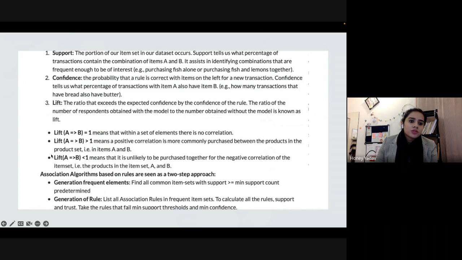As I told you, we are only interested in a lift value greater than 1, which means a positive correlation: the products in the item set, items A and B, are more commonly purchased together. If it is less than 1, it is unlikely to be purchased together, a negative correlation of the item set A and B, so we are not interested in that. We might say there is no significant association between these item combinations, and if it is greater than 1, then we are interested in it.